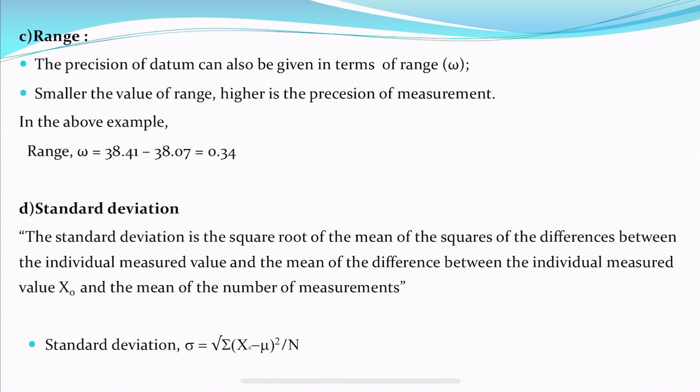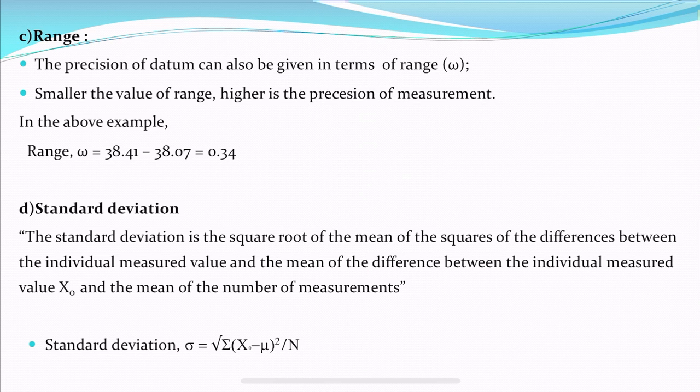If I represent it as a mathematical equation, standard deviation is symbolically represented as sigma, and sigma is equal to the square root of epsilon into x naught minus mu the whole square divided by n or n minus 1.